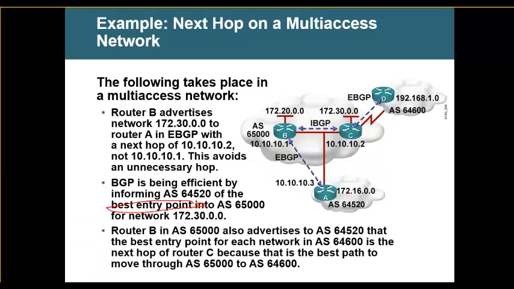So, one last question. From A's perspective, C is EBGP, right? From A's perspective, C is not EBGP. C is not EBGP. B is EBGP. A has no relation with C. A to B there is a connection.